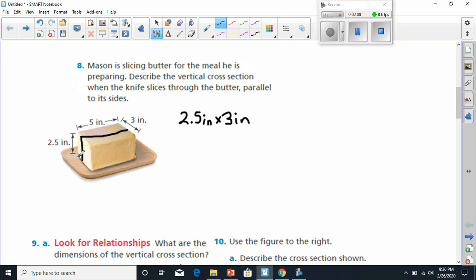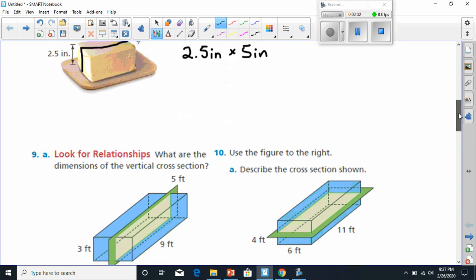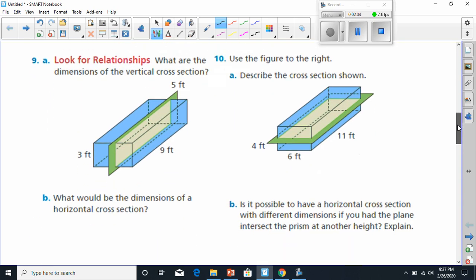And if he does, then it's still going to be 2 inches high, or 2.5 inches. But it's going to be 5 inches long. All right? So it could be either of these. So I'll put an or over here. And I think we're ready to go down past 9 now and go to 10.